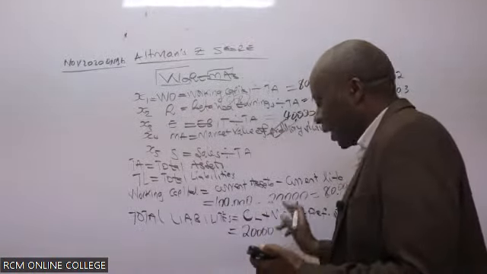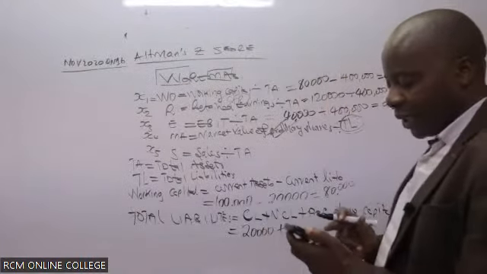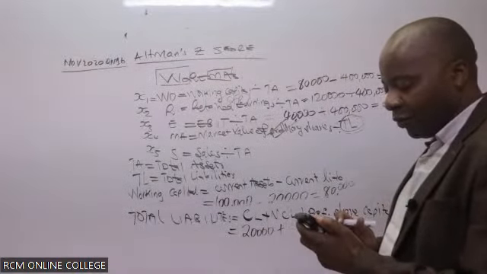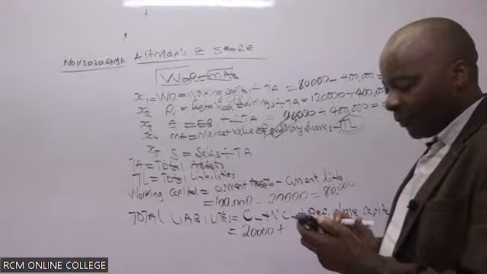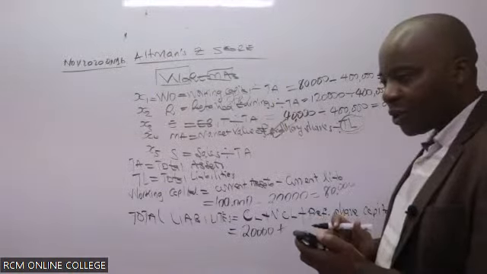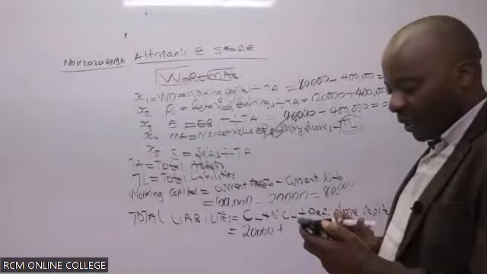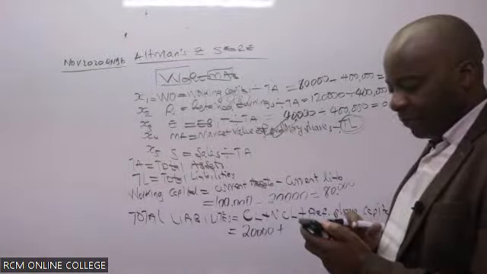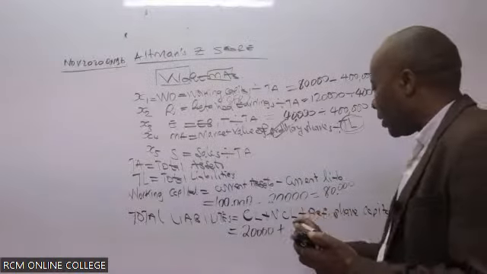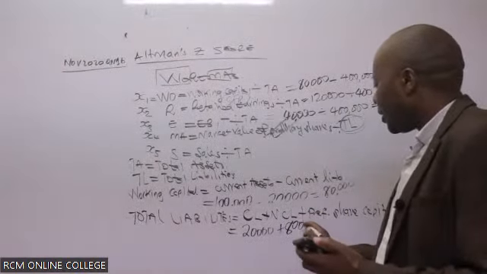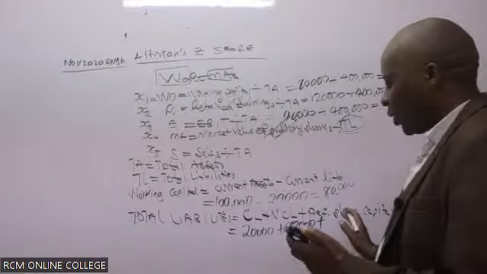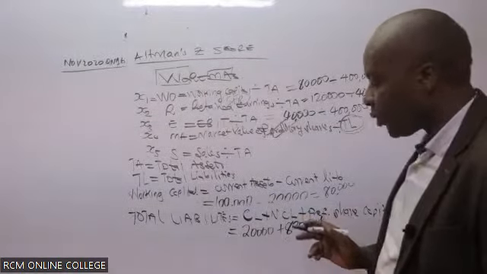How about non-current liabilities? Are you able to see non-current liabilities there, for example in the form of debentures? We have here debenture capital, which is 80,000, plus preference share capital, which is 40,000.